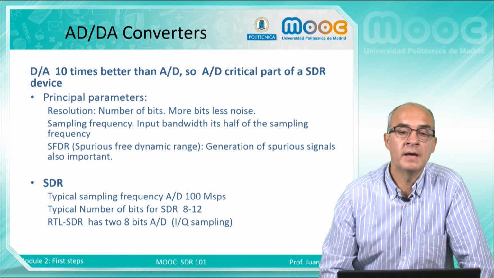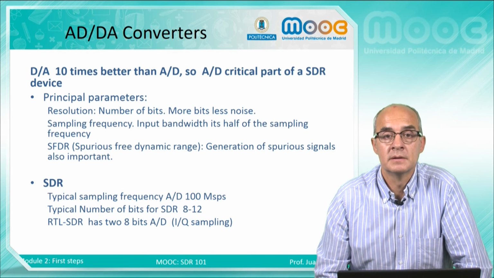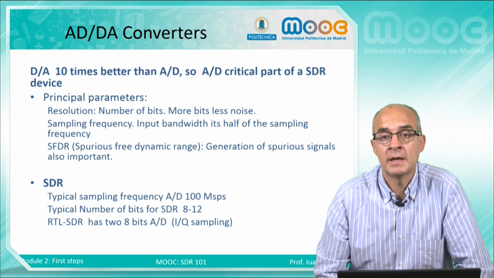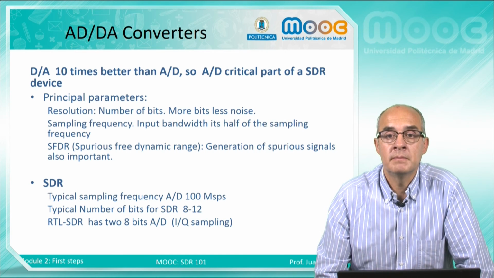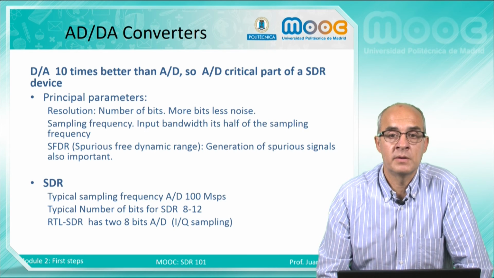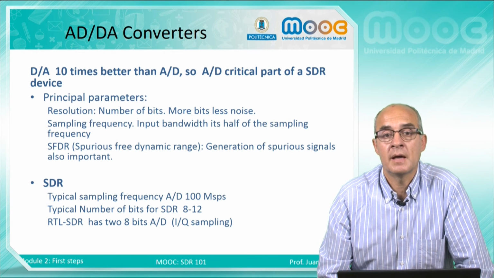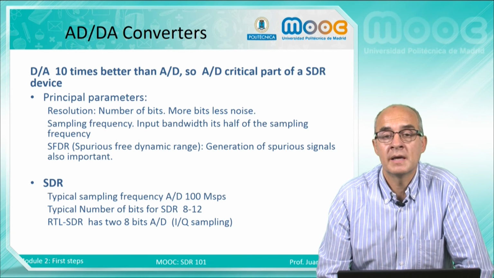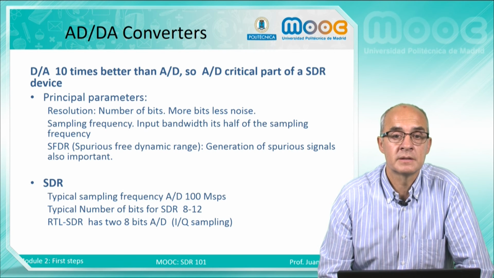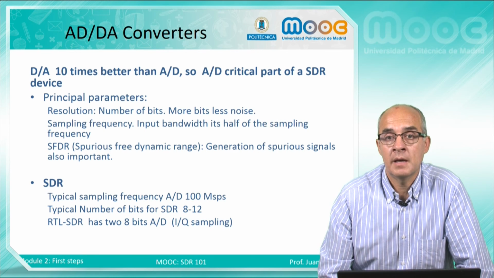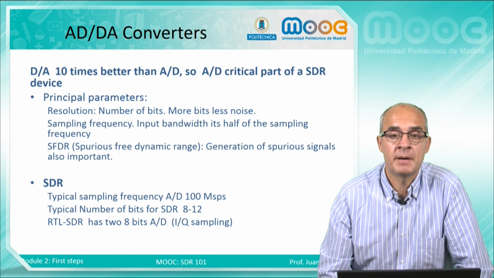Finally, we have the AD and DA converters. These converters have also a very important task in the software-defined radio device. The DA converters traditionally are much better than the AD converters, so the key part is the AD converters. On these converters we have the resolution, or the number of bits, which is the principal parameter.